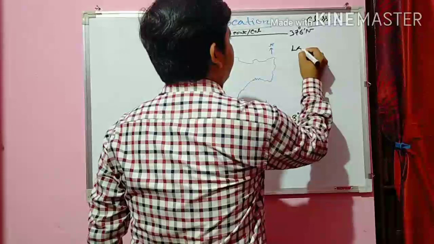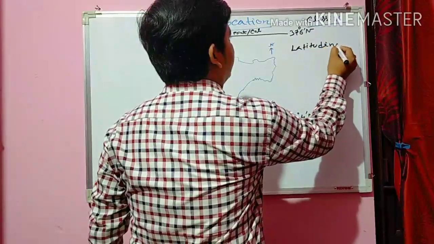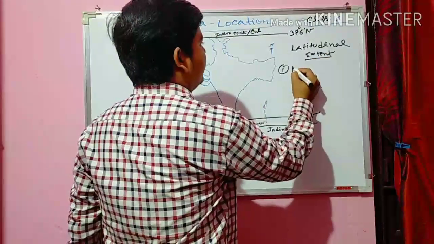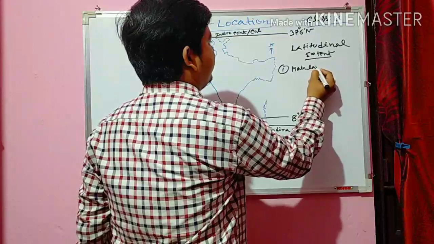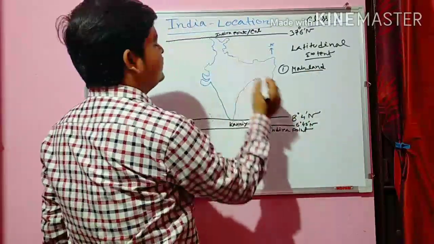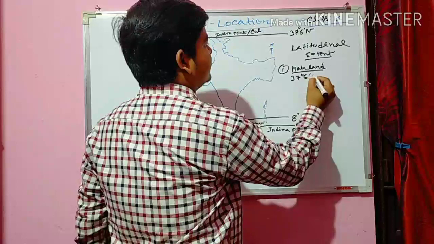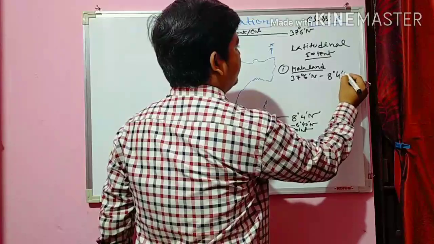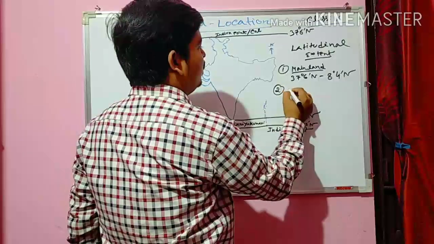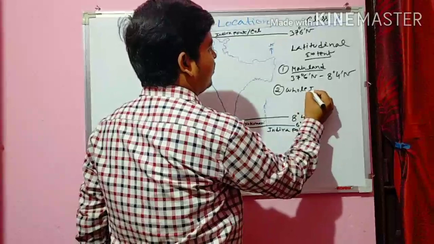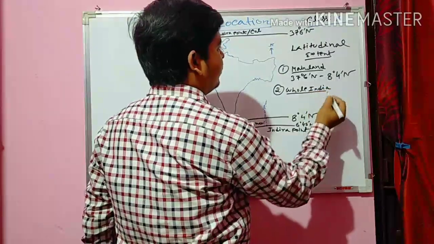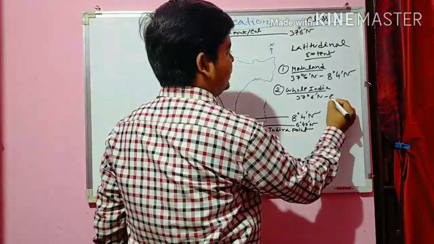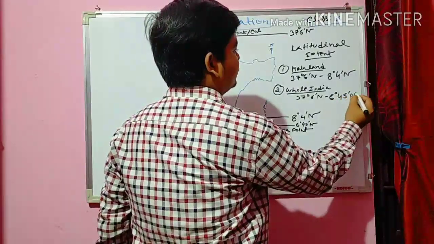Latitudinal extent. Number one, mainland. If we consider the mainland, then 37 degree 6 minute north to 8 degree 4 minute north. For whole India, 37 degree 6 minute north to 6 degree 45 minute north.